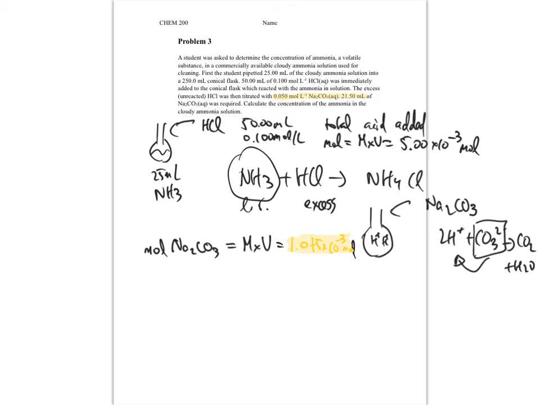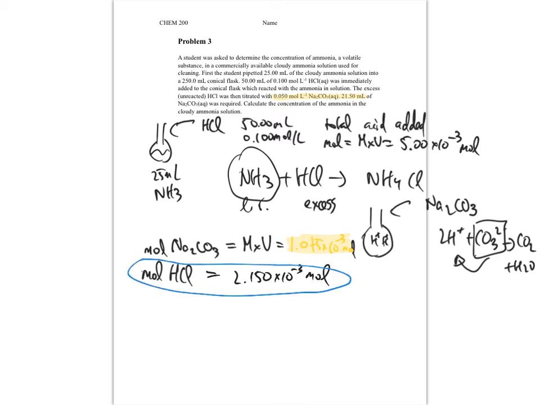Now, in order to calculate the moles of acid, there's a 2-to-1 factor. So the moles of HCl is equal to twice this, which will be 2.150 times 10 to the minus 3 moles. Now, this here is the excess. And this here is the total.